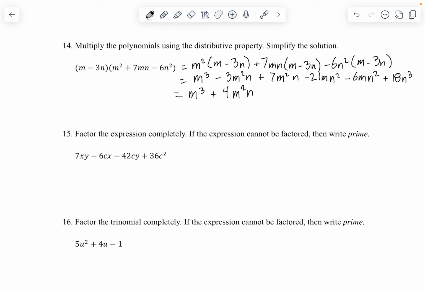And then over here I have negative 21mn squared, and I combine that with the negative 6mn squared, which gives me negative 27mn squared, and then I have a plus 18n cubed. There's my final answer.